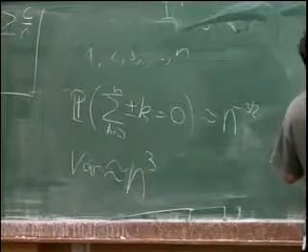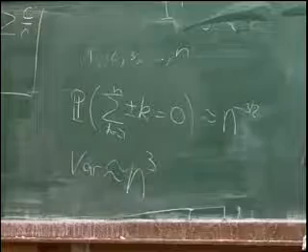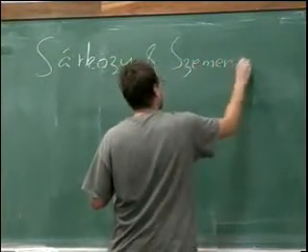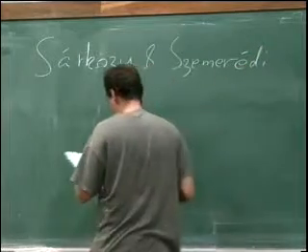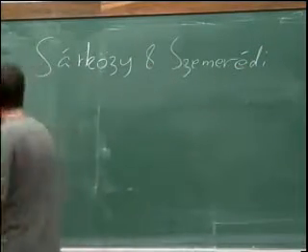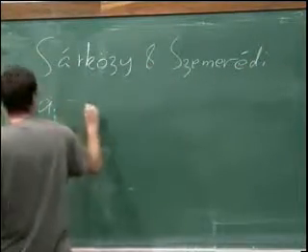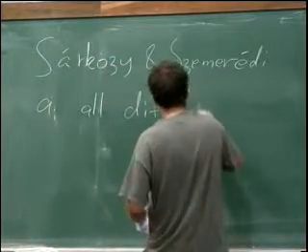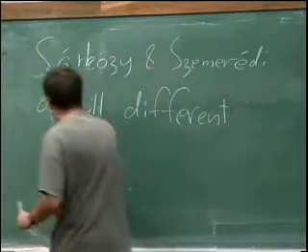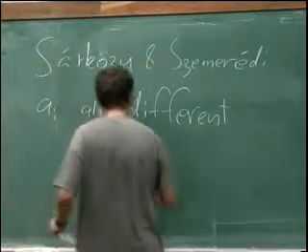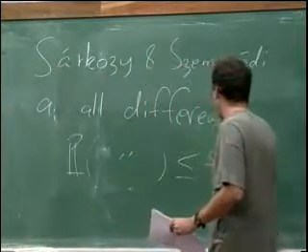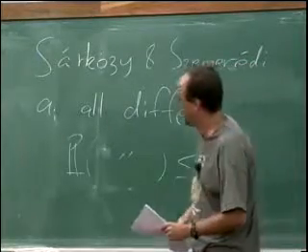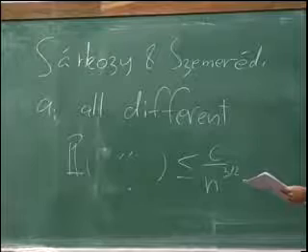If the a_i are all different, then this probability is smaller than some constant over n to the 3/2.